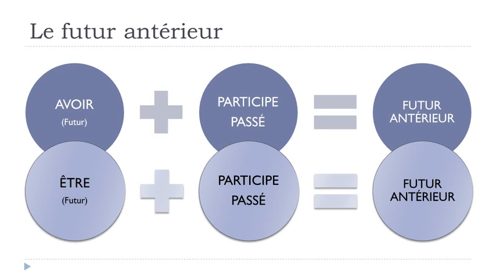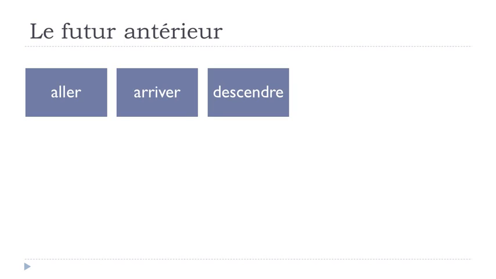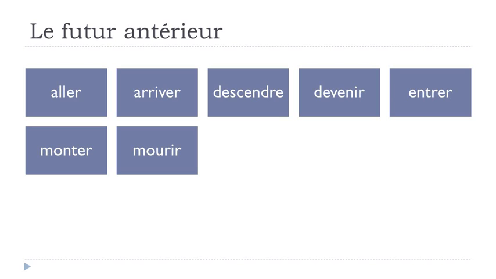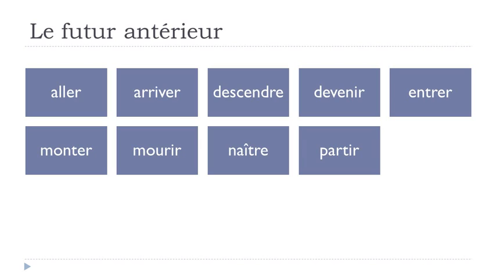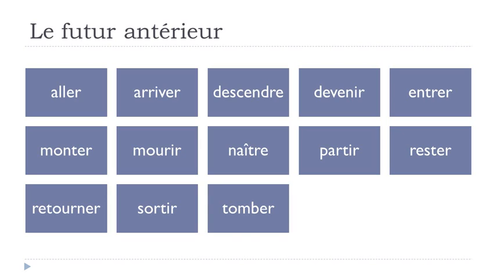So remember that for être, we've got aller, to go, arriver, to arrive, descendre, to go down, devenir, to become, entrer, to enter, to come in, monter, to go up, mourir, to die, naître, to be born, partir, to leave, rester, to stay, retourner, to return, sortir, to go out, tomber, to fall, and then venir, to come.